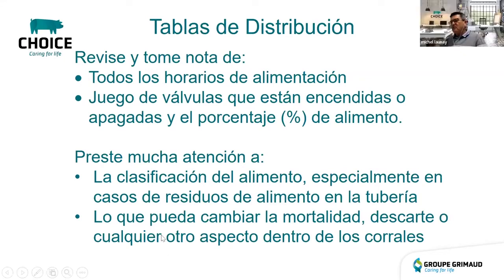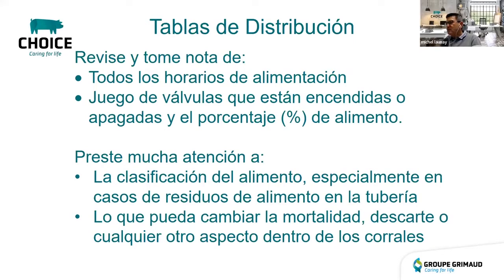The last thing that is quite important on the distribution table, especially if you don't have a rest tank, as we showed in the drawing previously, is the organization or the ranking of all the meals.